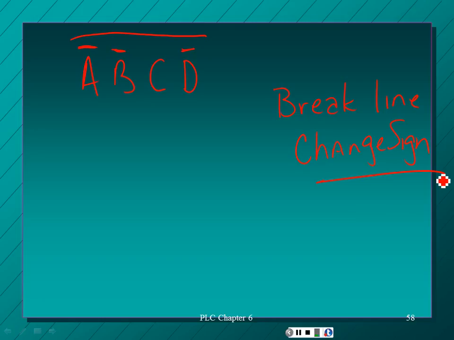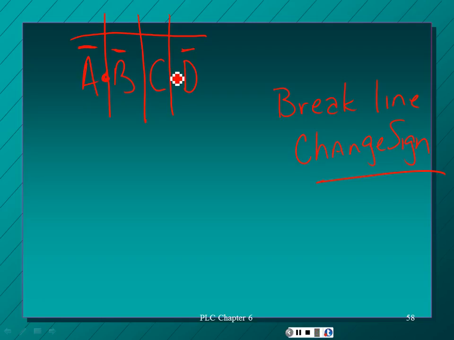That is a rule. Okay, so what that means is, because I have a long line up there, I can come in here and break that line on each one of these variables. But when I do, it has to change from the multiplication sign to the addition. We only have two signs we use, right? So if it's not multiplication, it's got to be addition.